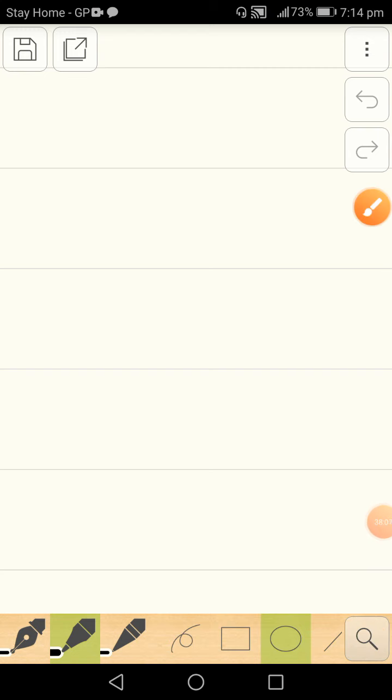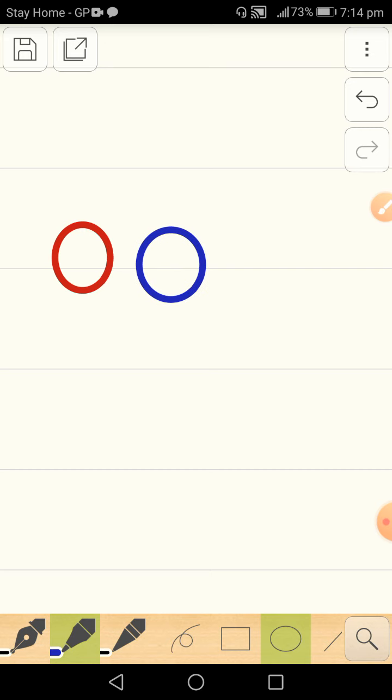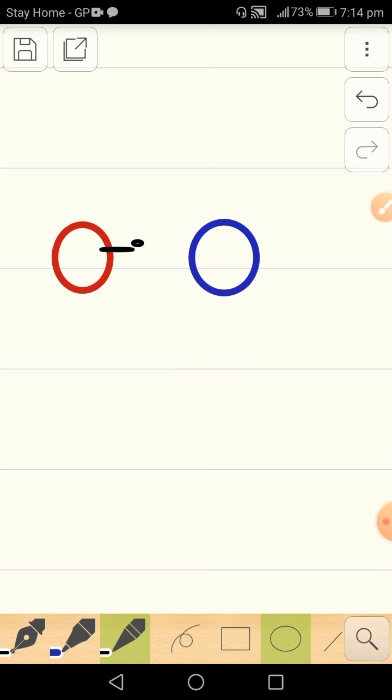Okay, so let me draw two particles. Now let me draw them far apart. Okay, so here are two particles. Now imagine if the particles are moving slowly.